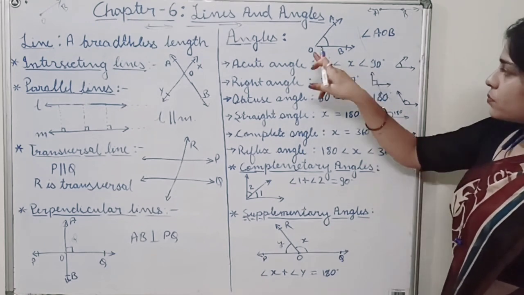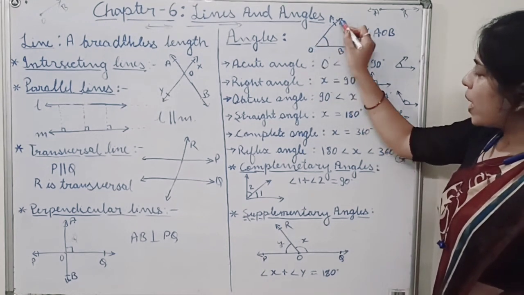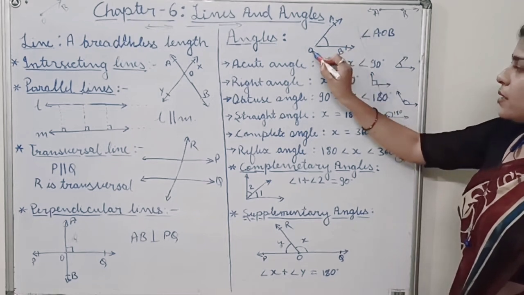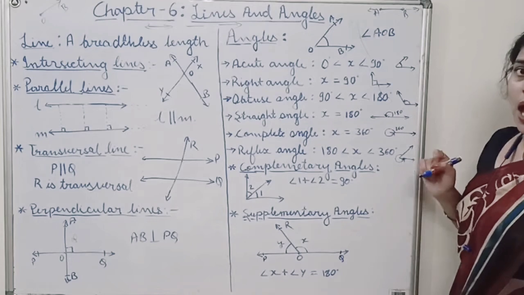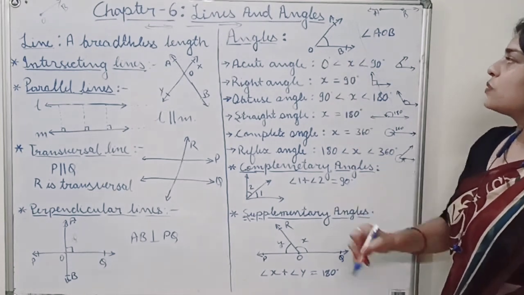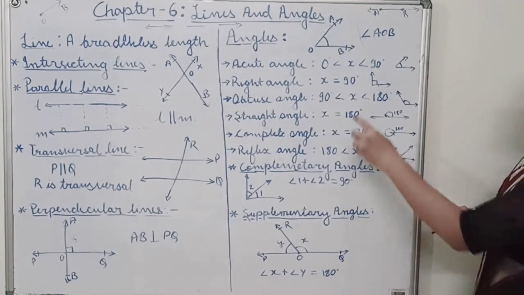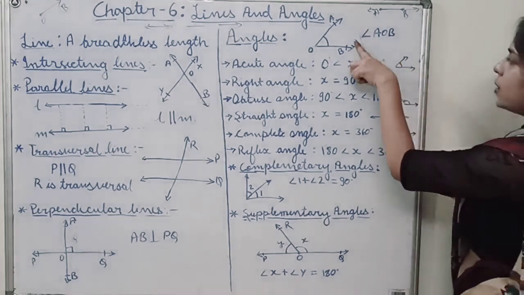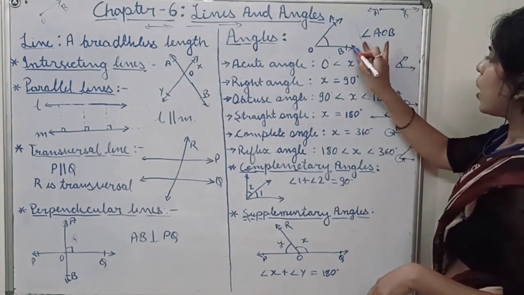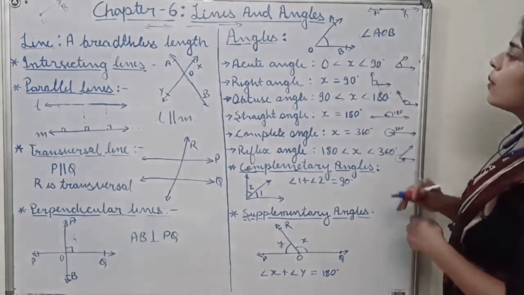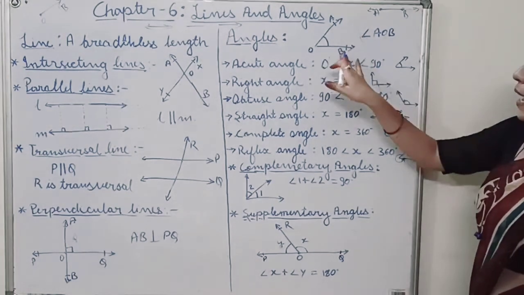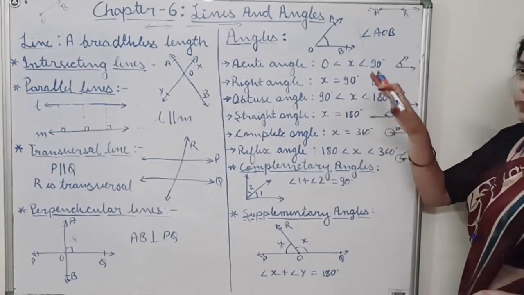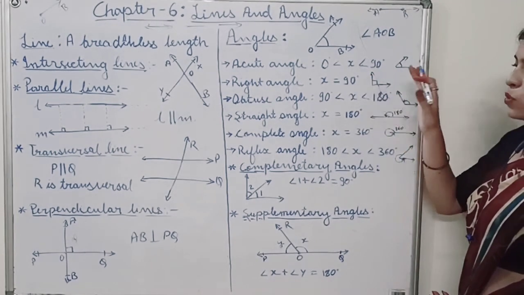OA and OB are called the arms of the angle, and this point O is the vertex of the angle. This will be denoted as angle AOB. Nothing more is there to explain about angles.